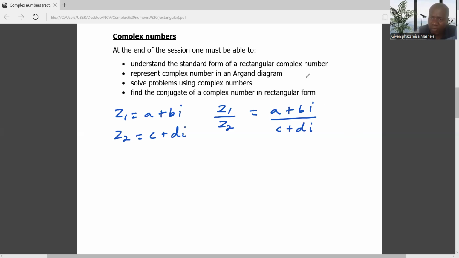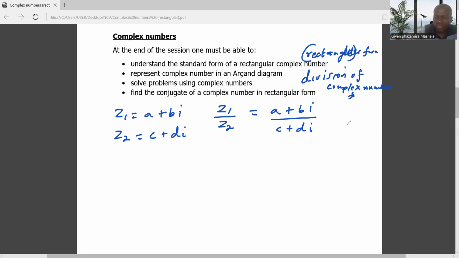So all the time when you are dealing with the division of complex numbers that are in rectangular form, it's either we convert them to polar or we work them in rectangular form. I apologize. It's either we change them to polar or we just work them in rectangular. But if you want to get the answer in rectangular form, all the time we do this.